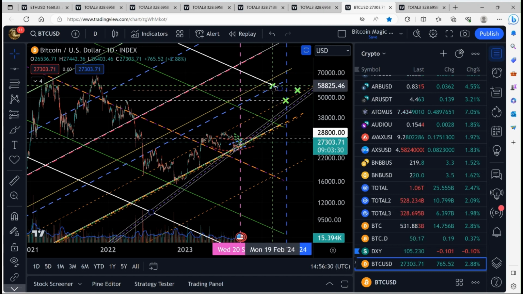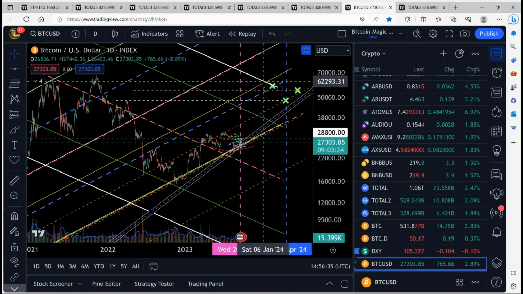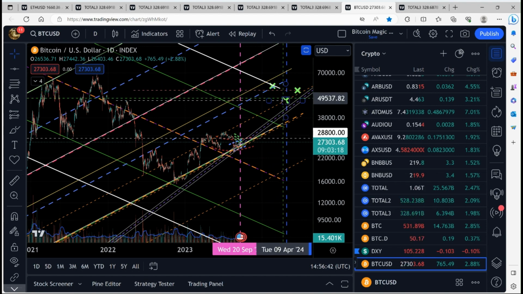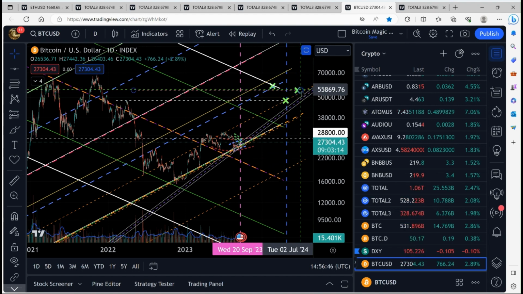I have this as February. We might see this back here, get up to 62,000 in January, and then kind of come back to 48 before moving upwards. This is where we will start our parabolic run in June of 24.